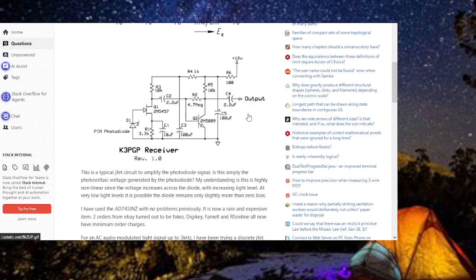K3PGP receiver. This is a typical JFET circuit to amplify the photodiode signal. Is this simply the photovoltaic voltage generated by the photodiode? My understanding is that this is highly nonlinear, since the voltage across the diode with increasing light level. At very low light levels, it is possible that the diode remains only slightly more than 0 bias.